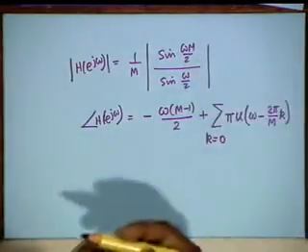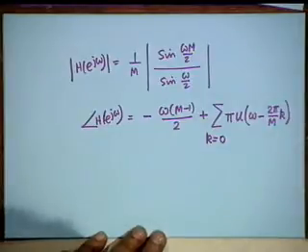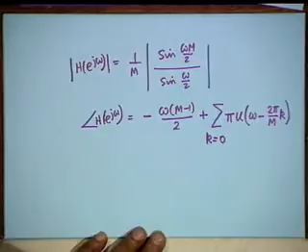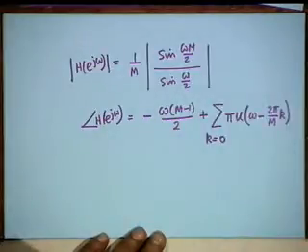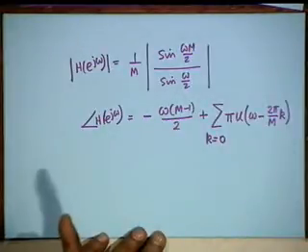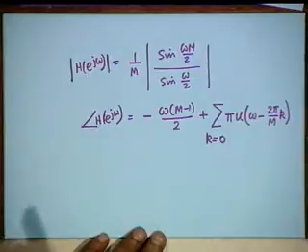But M by 2 may or may not be an integer. So where would the last transition occur? At the integer closest to M by 2 but less than M by 2. For example, if capital M was 5, then the last transition shall occur at 2, not 2.5.